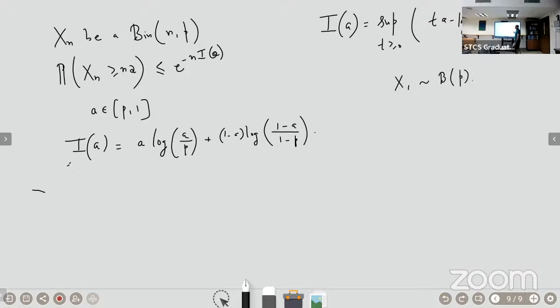What is I of a for that? Expected value of e to the t x1 is p times e to the t plus 1 minus p times e to the 0, the same thing.